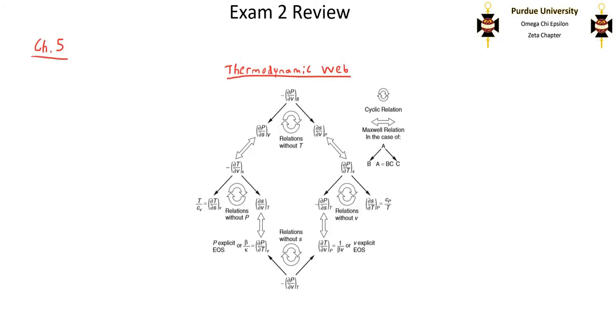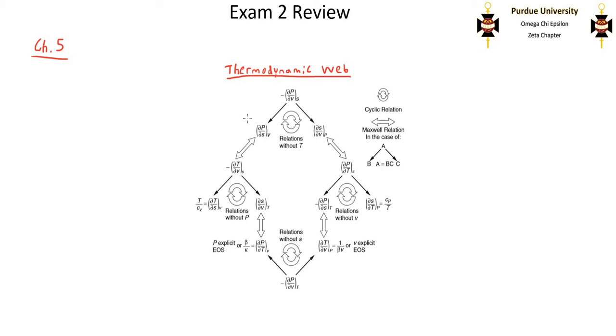The first thing that would be helpful to study from Chapter 5 would be the Thermodynamic Web, which is basically the relations between different thermodynamic properties and how to derive certain expressions from others. This comes from page 274 in the textbook, and I think it's really helpful to be familiar with it because it shows you the easiest way to get from one thermodynamic property to another, and this can be extremely helpful when doing derivations.